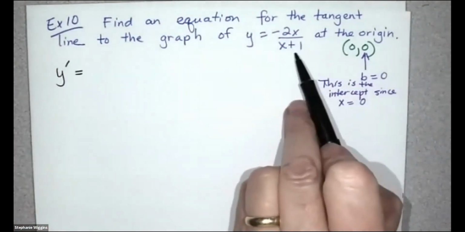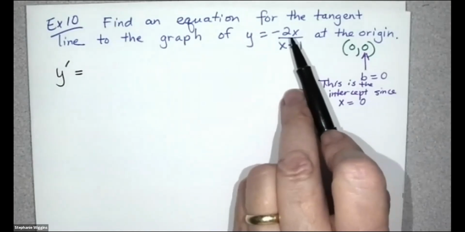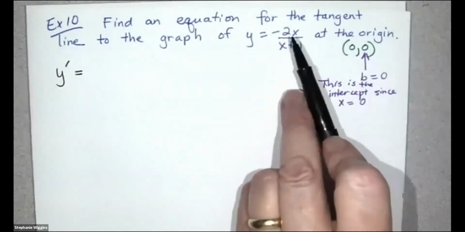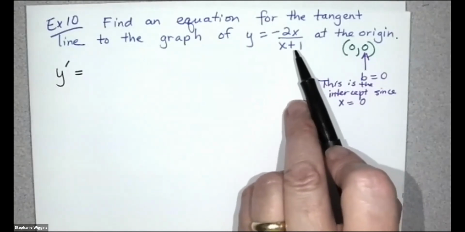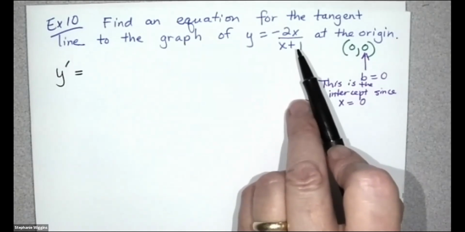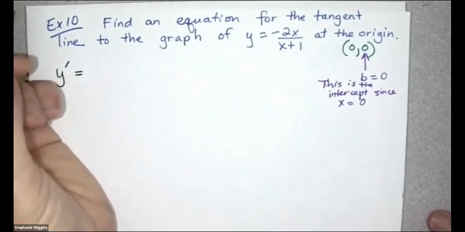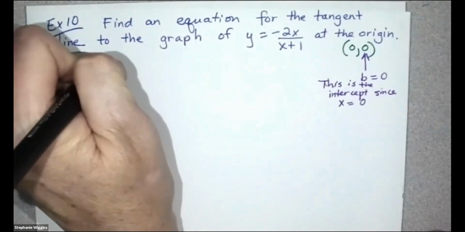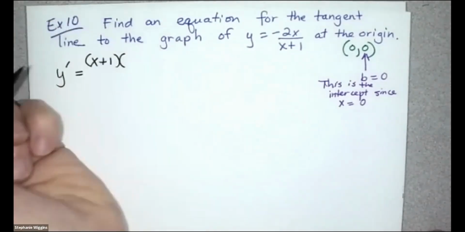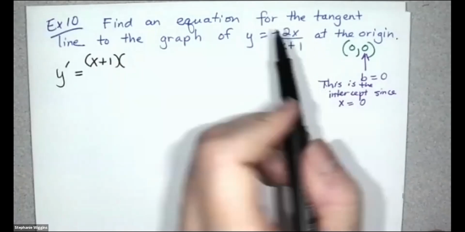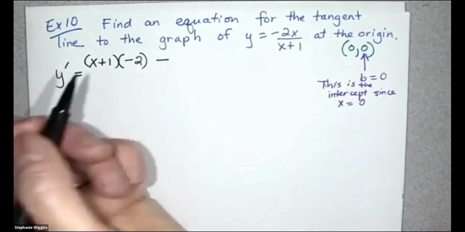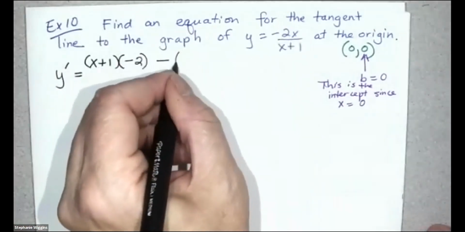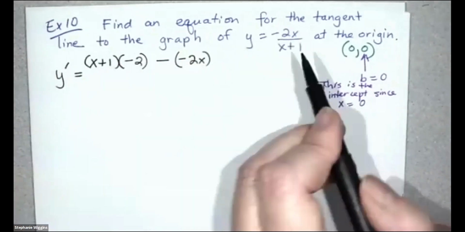When we calculate the derivative of this function, you can see we have a quotient here, right? The top function is negative 2x and the bottom function is x plus 1. So I'm going to use the quotient rule to find the derivative. And the quotient rule, remember, you take the bottom function, which in this case is x plus 1, times the derivative of the top. This is linear, so the derivative is negative 2, minus the top function, which is negative 2x, times the derivative of the bottom.